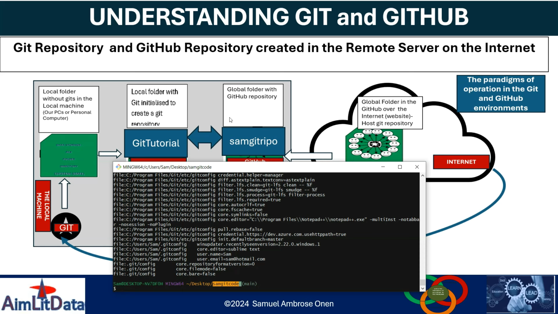So I have two copies sitting inside the local machine: the copy of the GitHub repository as well as the Git repository, and they're linked together. I'm going to establish that link later because I think I removed it, but they're all sitting on my computer here.